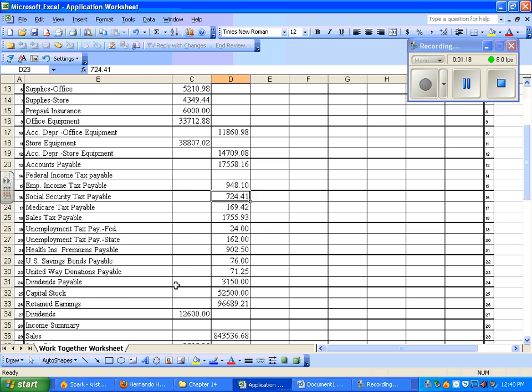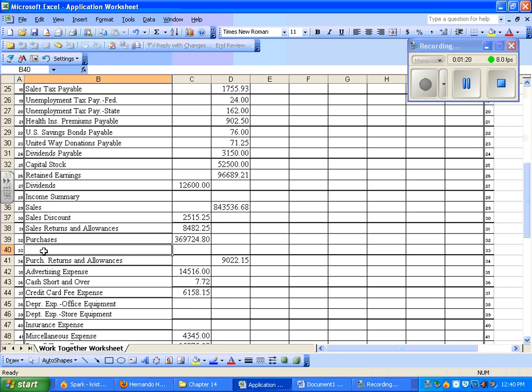Then we're going to move down to purchases discount on line 33. So we're going to type purchases discount in here. Now, purchases discount is a contra account to purchases. That means it reduces purchases. So if purchases has a normal balance of a debit, because purchases discount is a contra account, just like purchases returns and allowances is, its normal balance is going to be a credit.